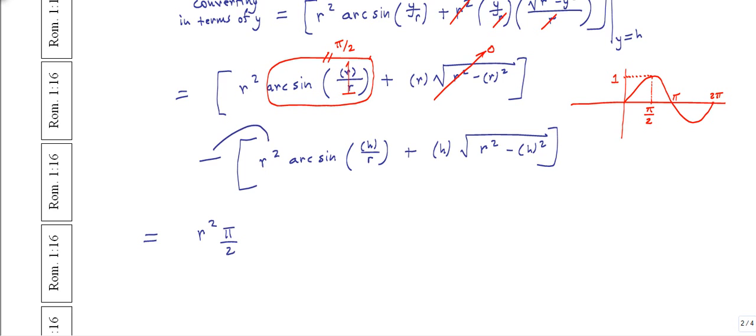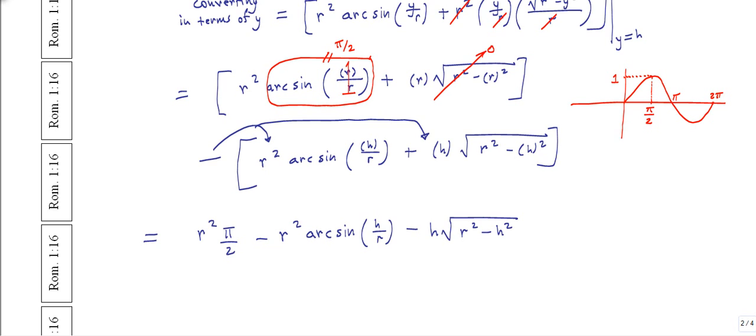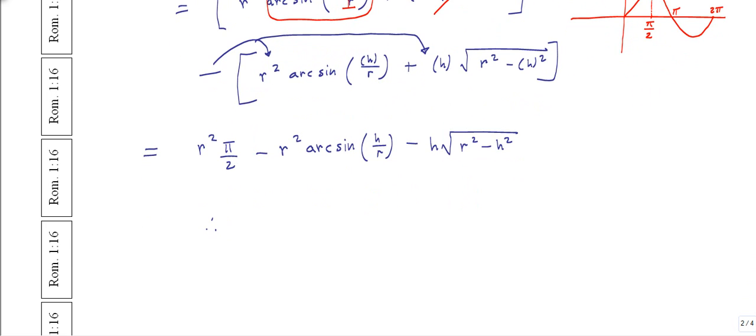Now I'm going to distribute this minus in. Okay, so this is going to be minus r squared arc sine of h over r minus h times radical r squared minus h squared. And so really that is it. Let's summarize this therefore. So we say therefore the area of that portion of the circle above the chord is going to be, let's write it first as the original integral.